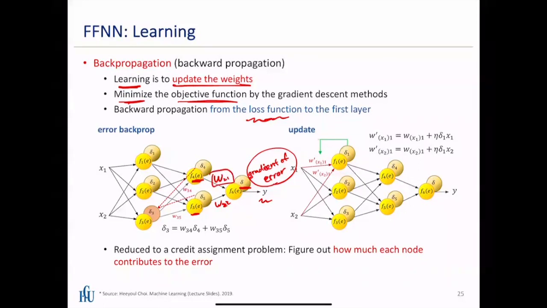The contribution of F5 to the error is determined by W22 here. We'll try to correlate the error to the previous layer. So according to the current values of W21 and W22, you can determine the gradient error that is responsible for F4 and F5.